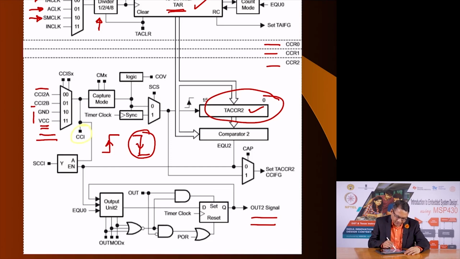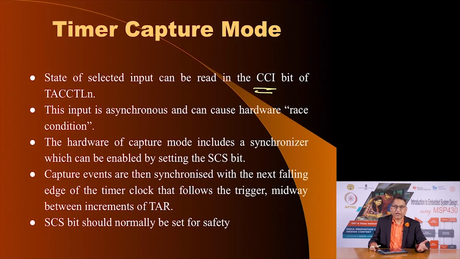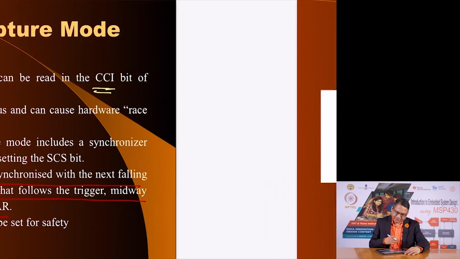Now, this input can be synchronized to the input clock, or it can be asynchronous. You can choose what you want. Capture events are then synchronized with the next falling edge of the timer clock that follows the trigger, midway between increments of the timer register.